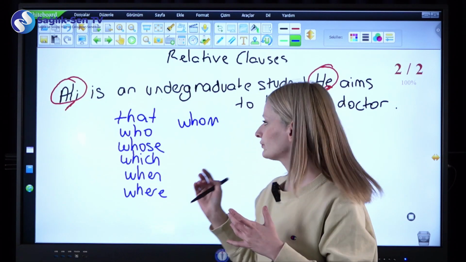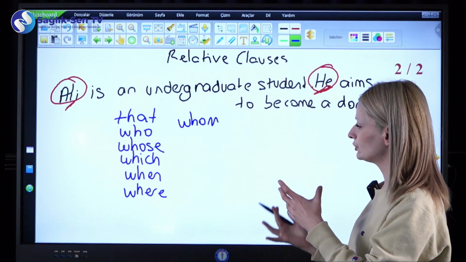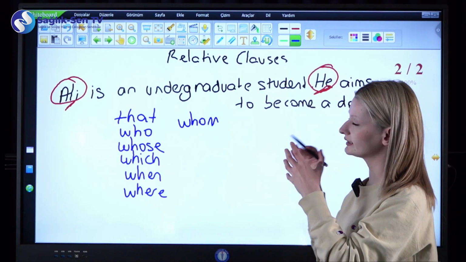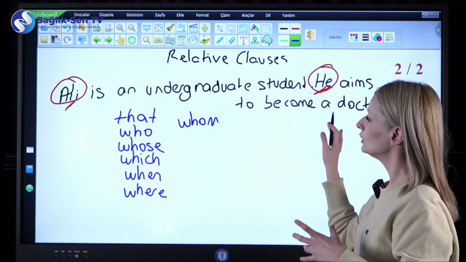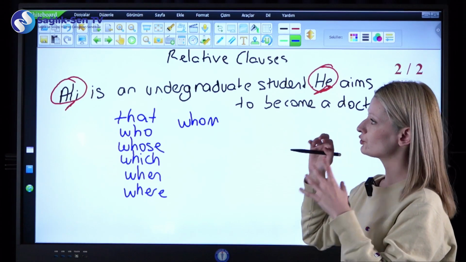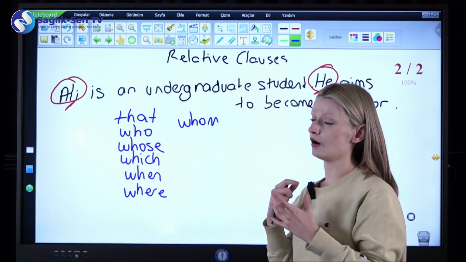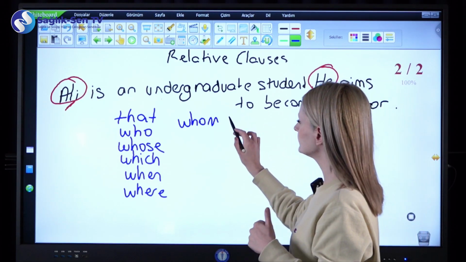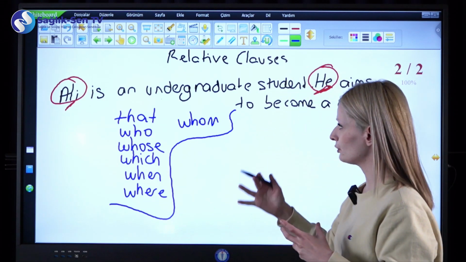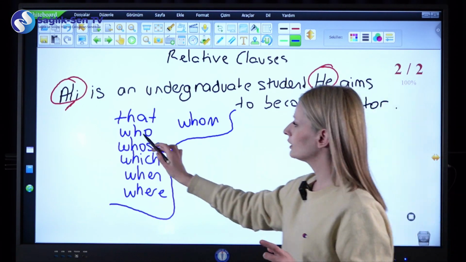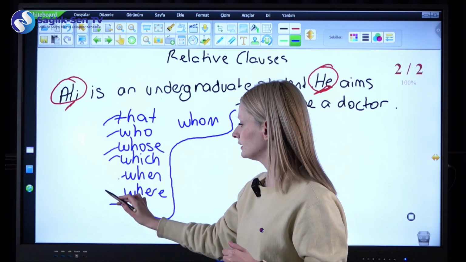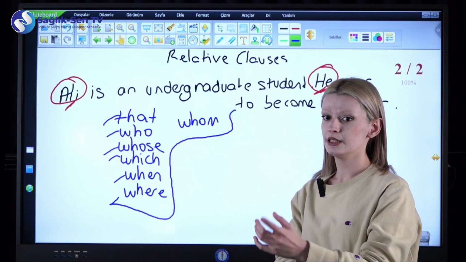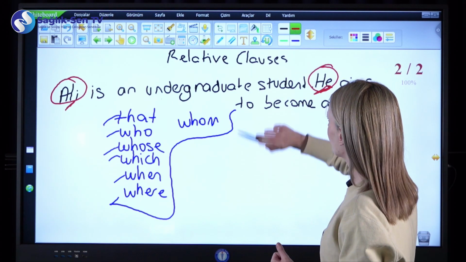We use these relative pronouns to shorten our sentences and combine them when they have a common figure of speech. So, how do we shorten them, and where do I use these relative pronouns in each sentence?